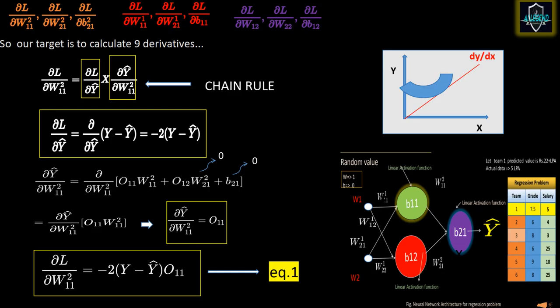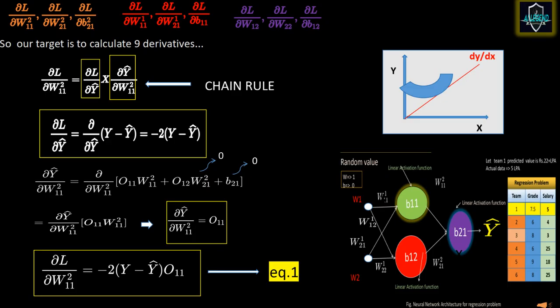So our formula is del L over del W211 is equal to del L over del y hat multiplied by del y hat over del W211. This is said to be the chain rule of differentiation.